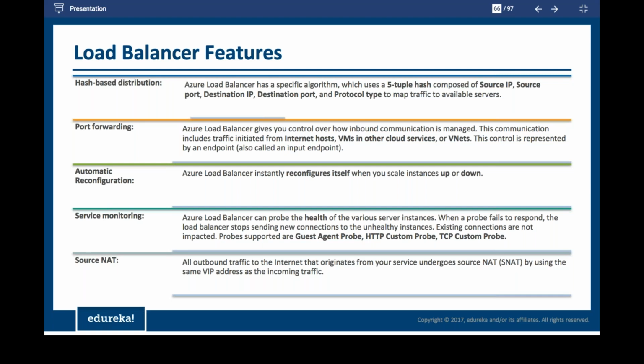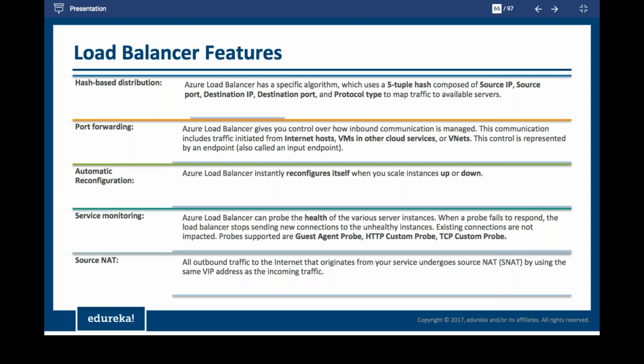The automatic reconfiguration is where the Azure load balancer instantly reconfigures itself when you scale instances. So when usage goes higher, it distributes the traffic automatically, and it scales up or scales down when the traffic gets maximized or minimized. Service monitoring is the health probe, where you say that for this amount of time it has to check, and then it can go for the next connection.